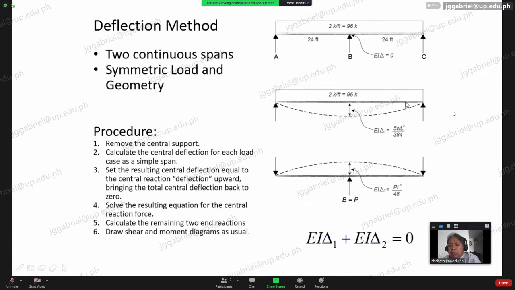Now, we apply the central support so that we put the beam back to the position where the deflection is 0. That's actually what we did here. So this is the magnitude of the deflection that we put back due to this force, so the deflections cancel out. That's why it's called deflection method.